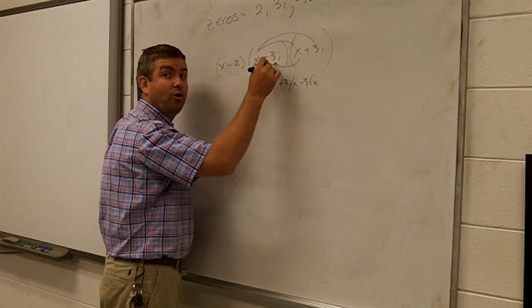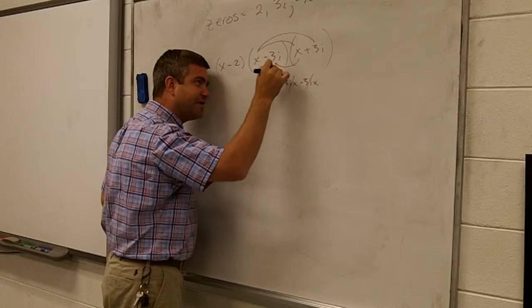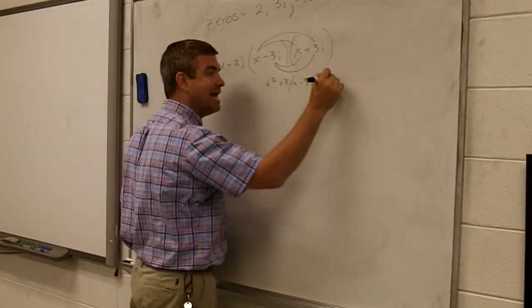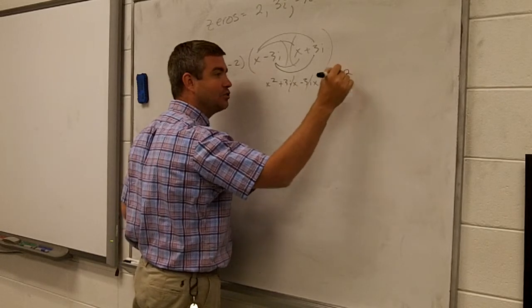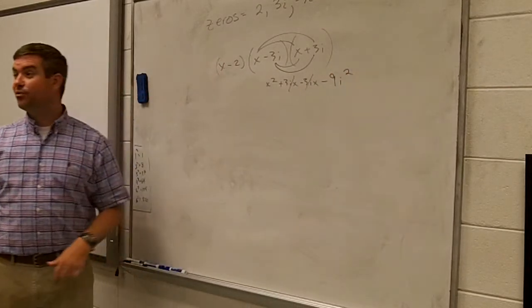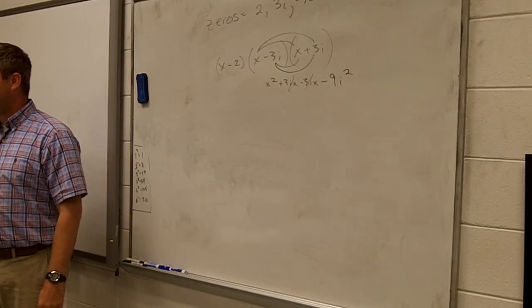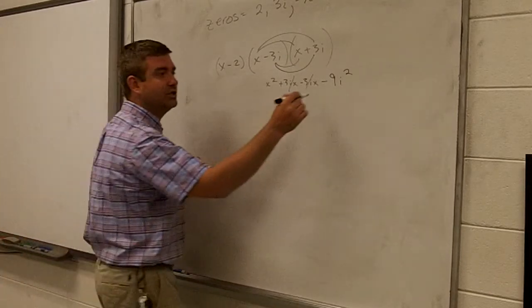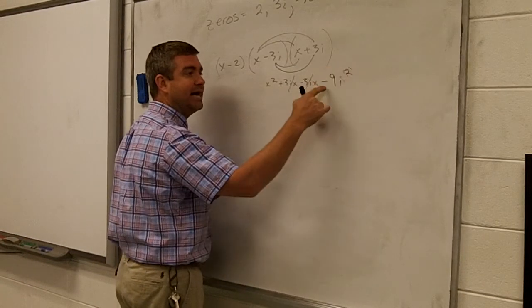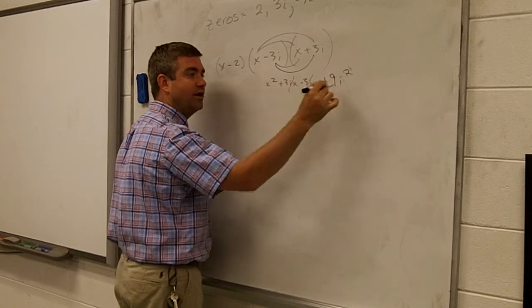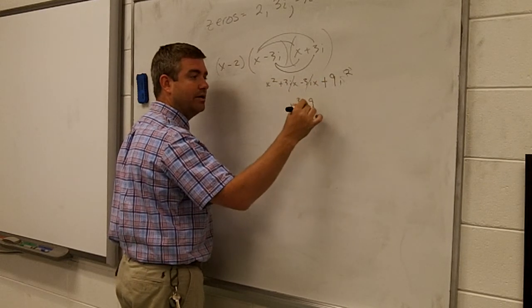But then the important one is negative 3i times positive 3i, and you get negative 9i squared. But if you go way back and remember i squared, what does i squared equal? -1. So watch. You scratch that out and that 9 becomes what? Positive. So all of this is just x squared plus 9.